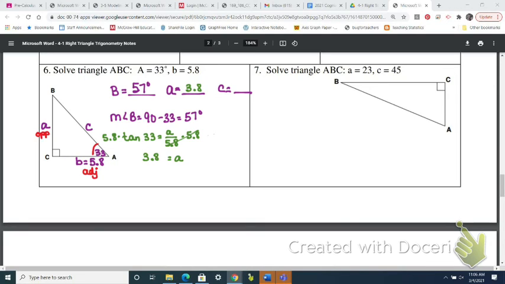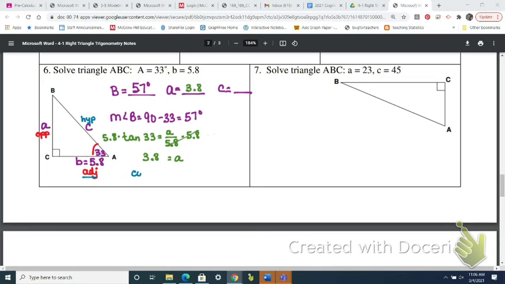So now for C, I'm going to go back again to my adjacent, but now I'm going to label C. C is my hypotenuse. So what trig function uses adjacent and hypotenuse? That is my cosine.